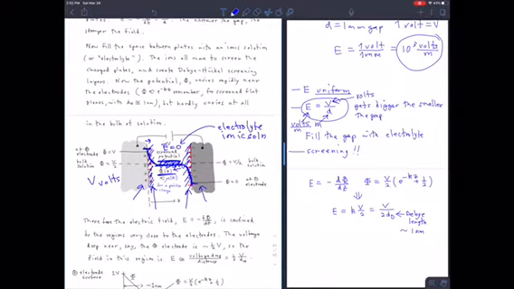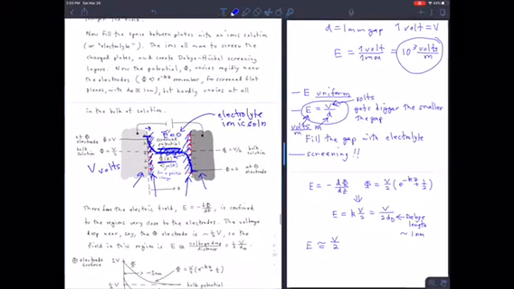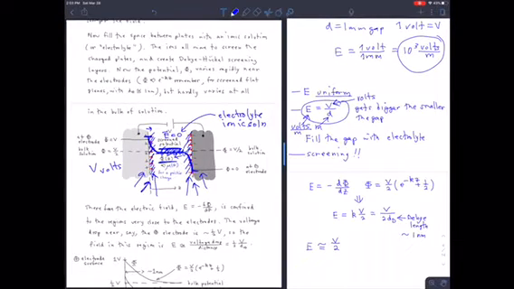Well, if we apply the parallel plate capacitor rules, that suggests that the electric field near the electrodes should be something like the voltage drop, half the voltage drop, right? Because only half the voltage drop is occurring on this electrode. The other half of the voltage drop is occurring near that electrode. So at any one electrode, the electric field should look like half the voltage drop divided by the distance over which that voltage drop occurs, which should be 1 Debye length, right?